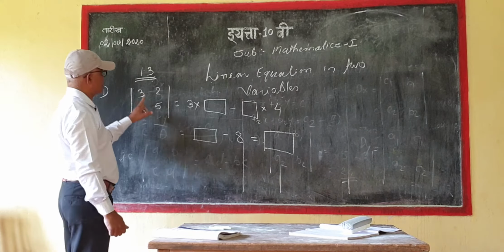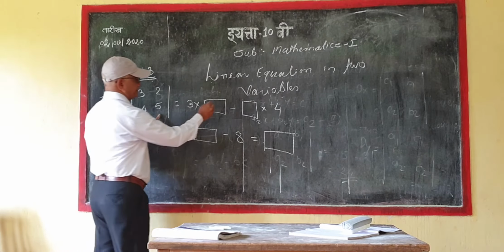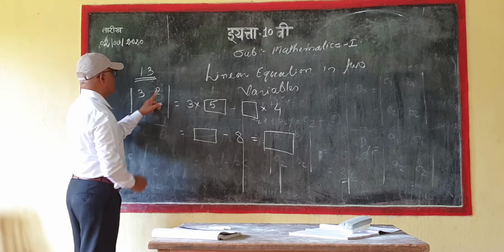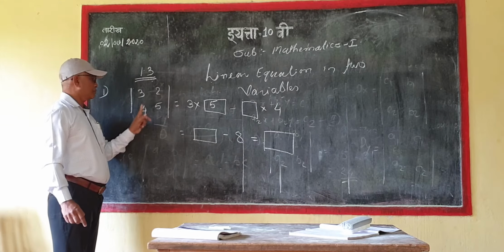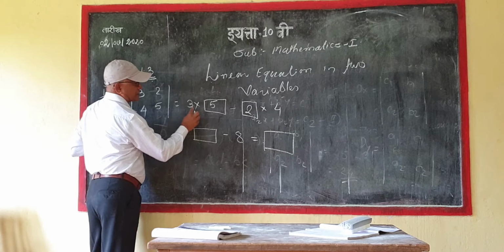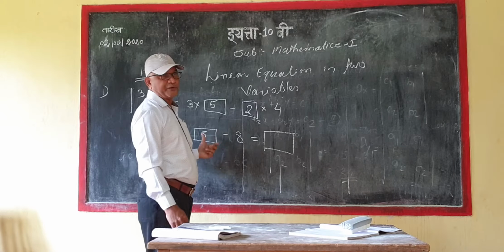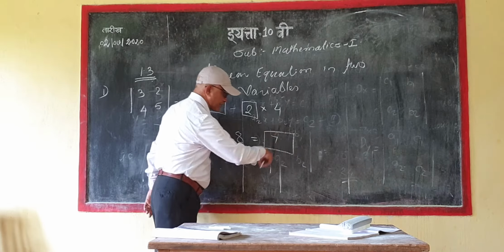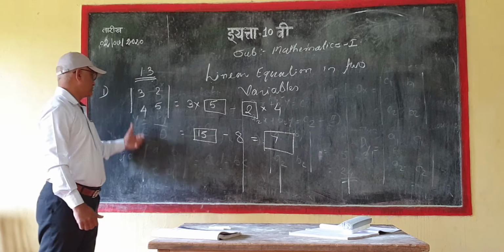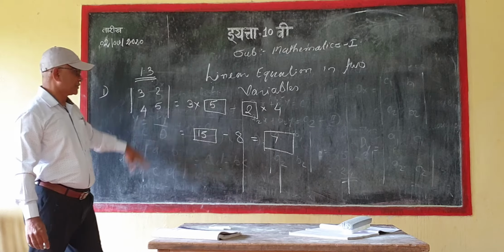First cross multiplication: 3 into 5 minus 4 into 2. 3 5s are 15 minus 8. 15 minus 8 is equal to 7. This is the value of this determinant. 7 is the value of this determinant.